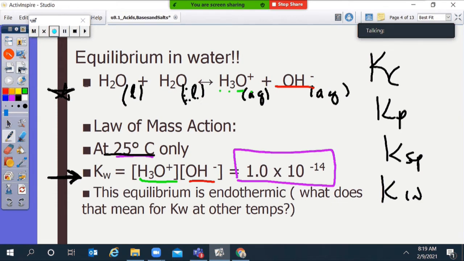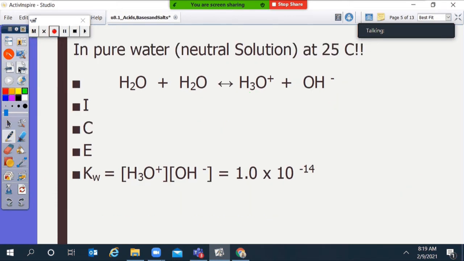Okay, so back to our slide, summarizing everything. Now, we can do an ICE table showing this equilibrium. With the ICE table, remember, with pure liquids, we do not include them in the ICE table, just like solids, we do not include them. So I will cross out the waters when I do my ICE table.